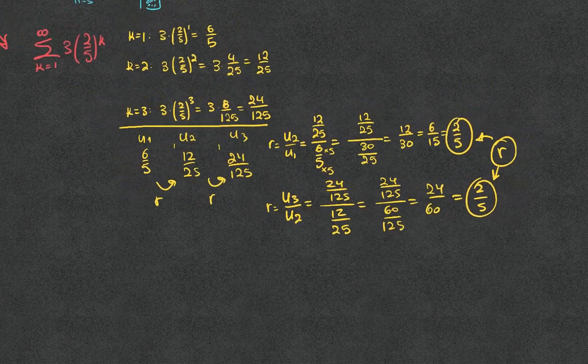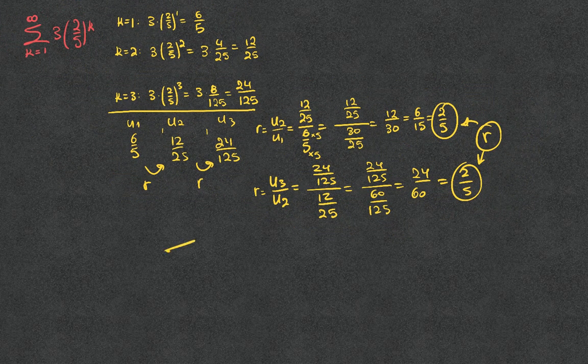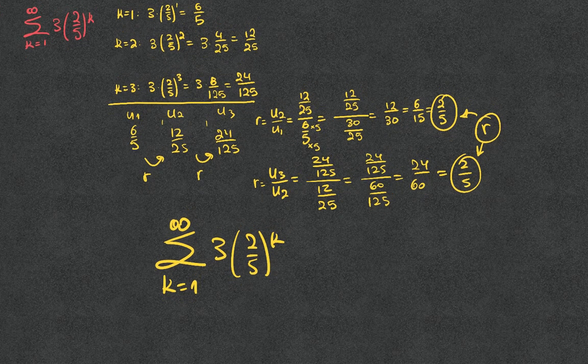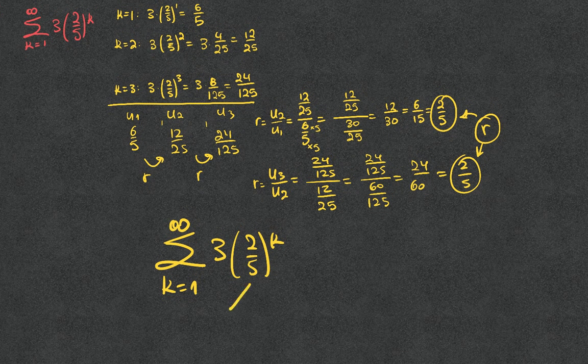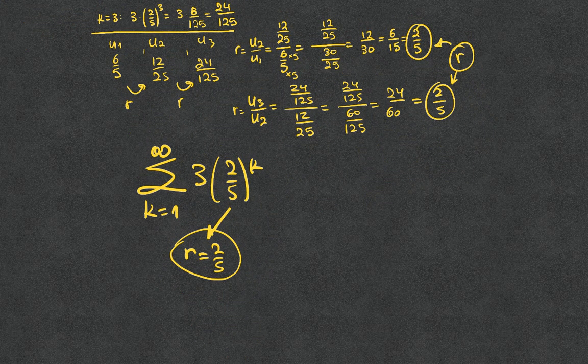If we look at the question now, which was to find the sigma from k equals 1 to infinity of 3 times 2 over 5 to the power of k, we understand where this ratio 2 over 5 appears, because that is your ratio, after having tested this is a geometric sequence.